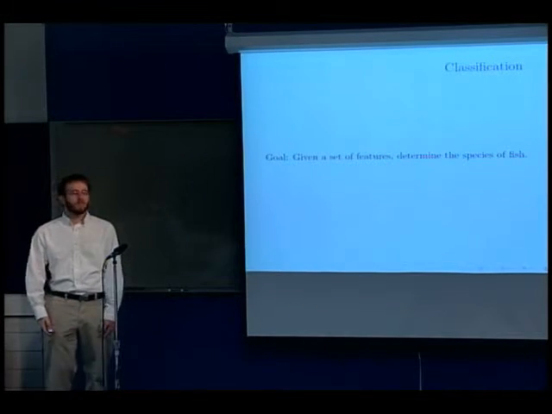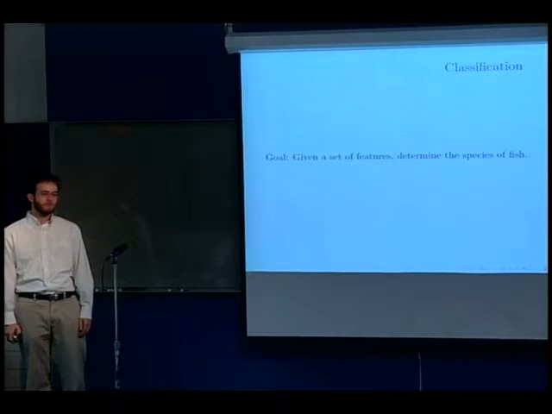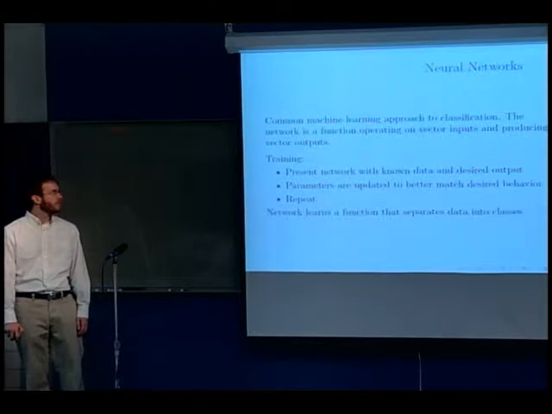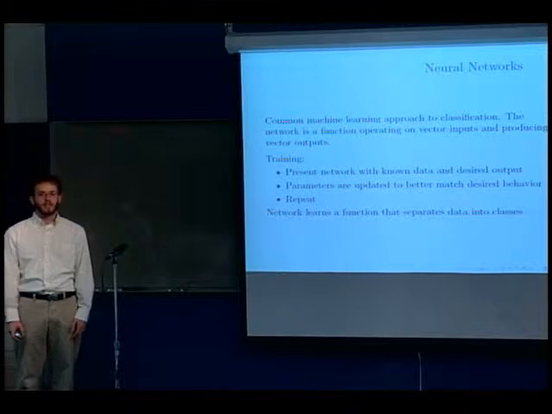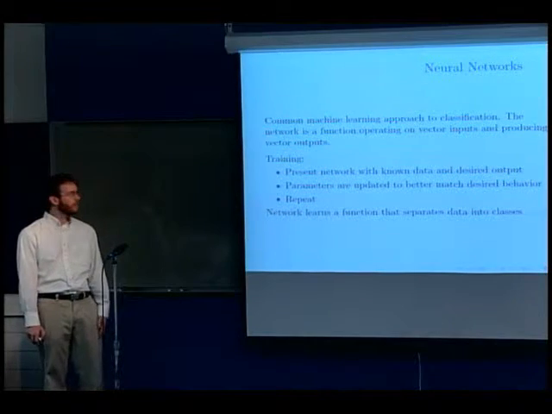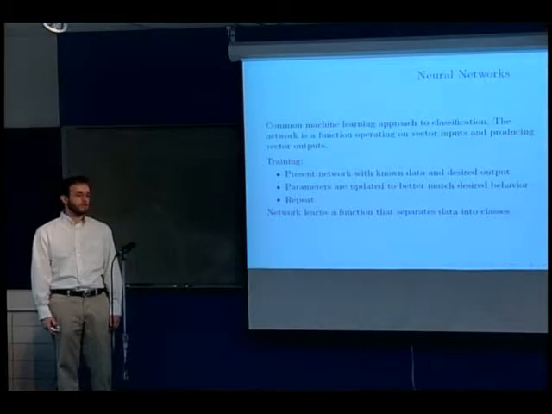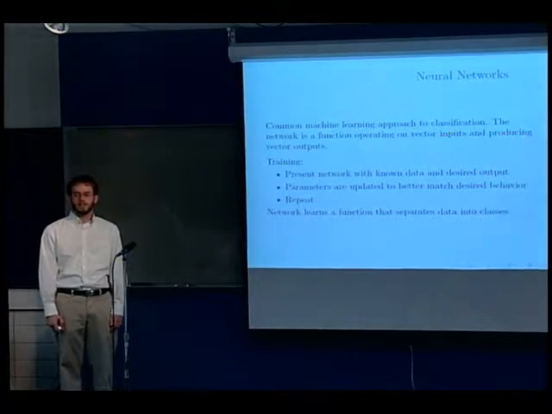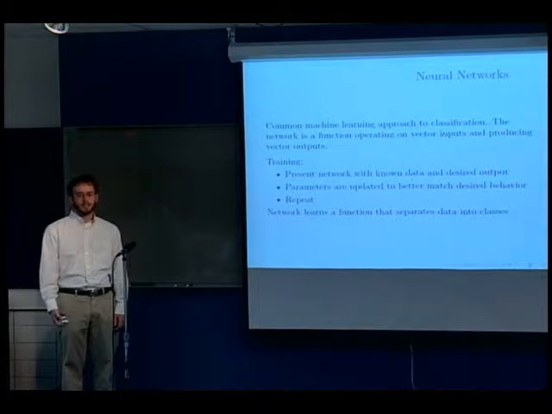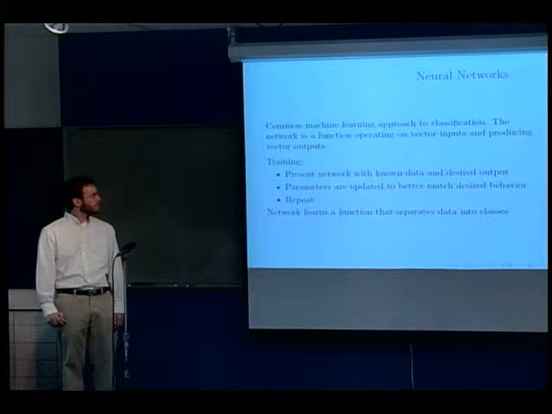All right, so the goal of classification is to take these features and actually determine what the species of the fish is. The approach we've been using is neural networks, which are a pretty common approach to classification. Very quickly, the way neural networks work is you present data that you know the answer to the network, and essentially the network learns to classify data it hasn't seen before.